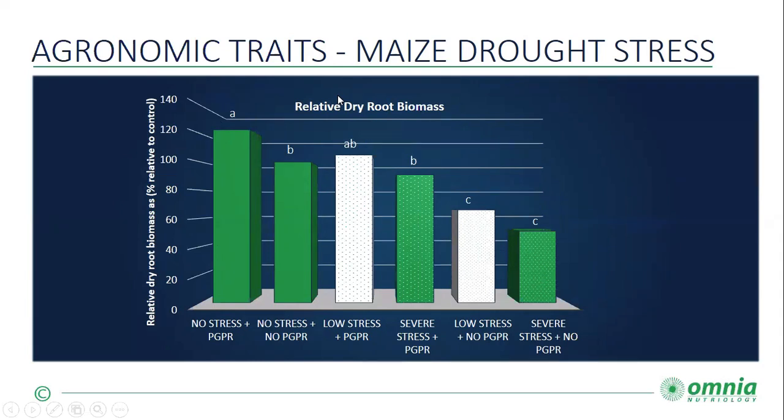What's interesting to note here is that adding a PGPR under low stress and even severe drought stress, shown as the third and fourth columns, showed no statistical difference to the PGPR with no stress. And in addition, the low stress and severe stress with no PGPR was significantly worse than all other treatments.